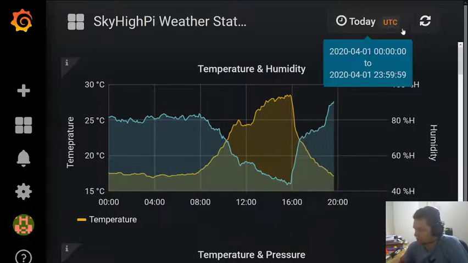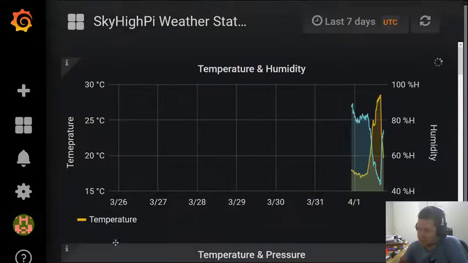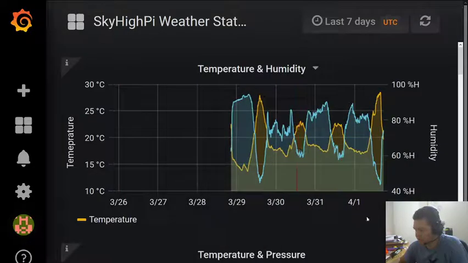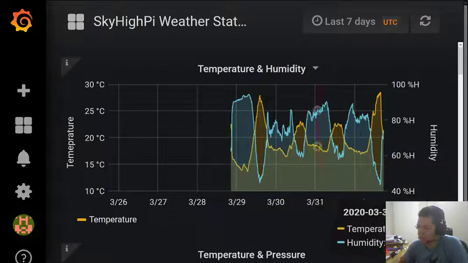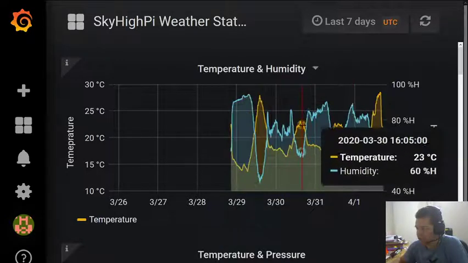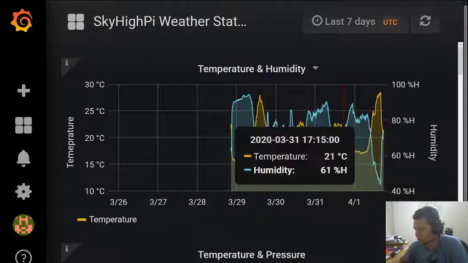If you look at that from the last 7 days, which this hasn't been on for yet, it's only been on for about 4 days, you can see that this relationship is true for every day. In the middle of the day you have these big peaks of high temperatures that usually occur around 4 o'clock.